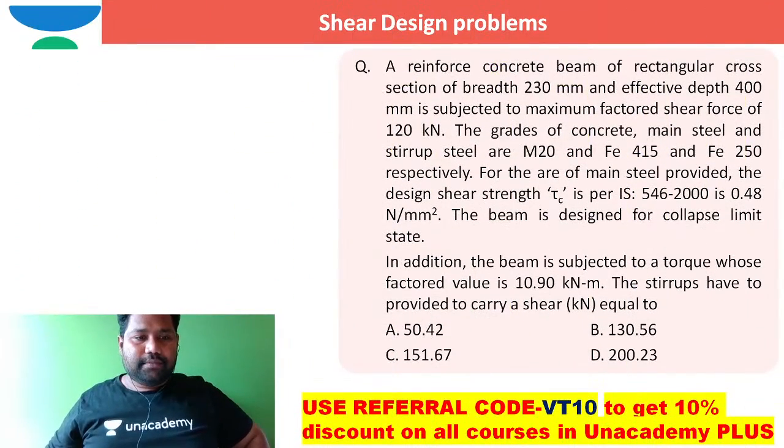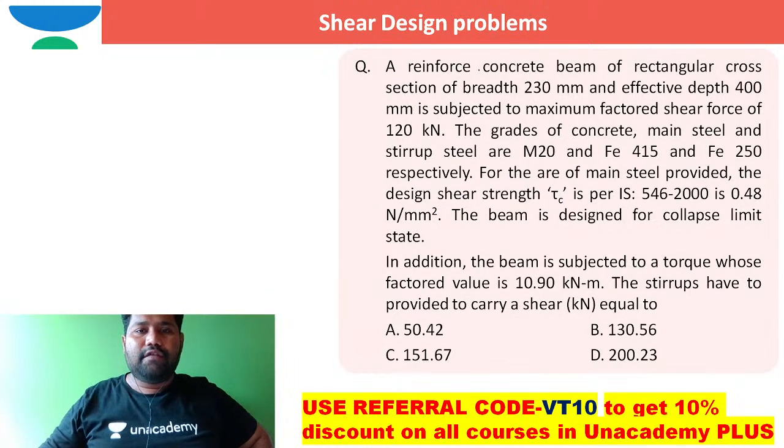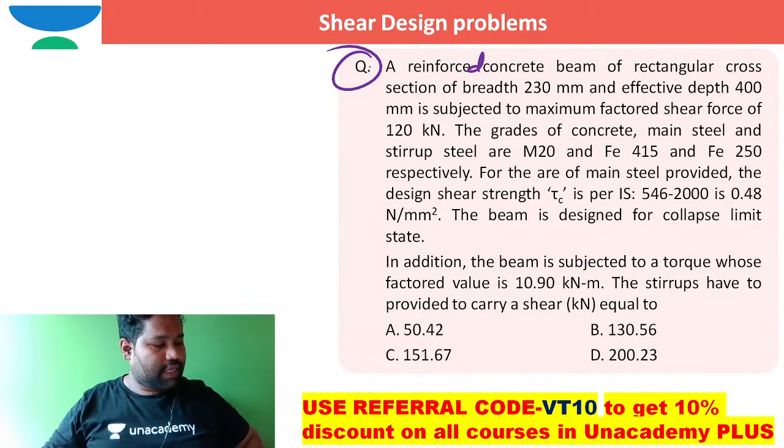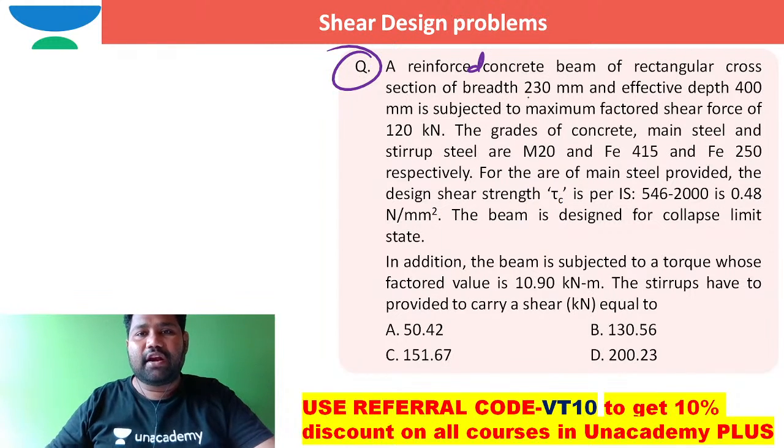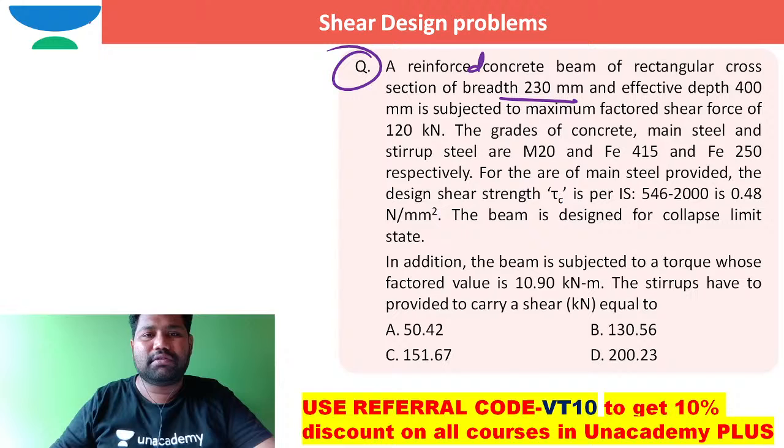This is the next question. A reinforced concrete beam of rectangular cross section B and d. Of course, the statement of the question is one and the same as the previous problem.